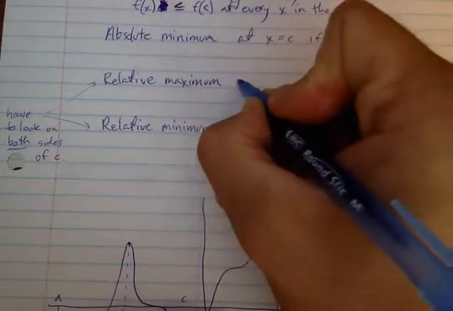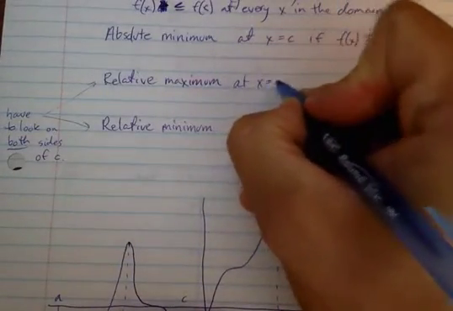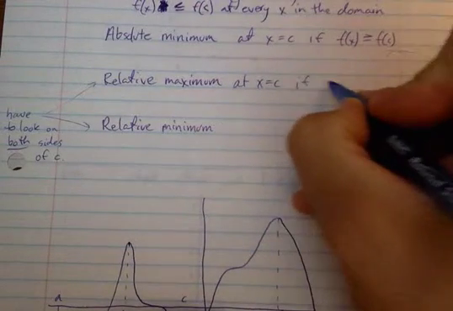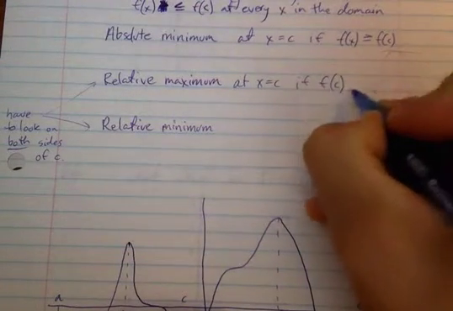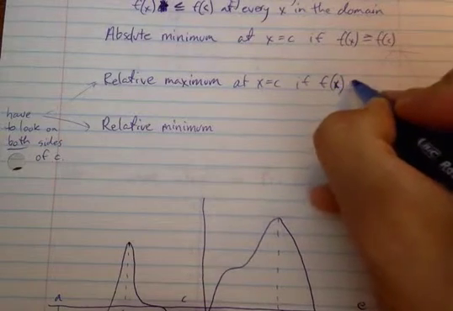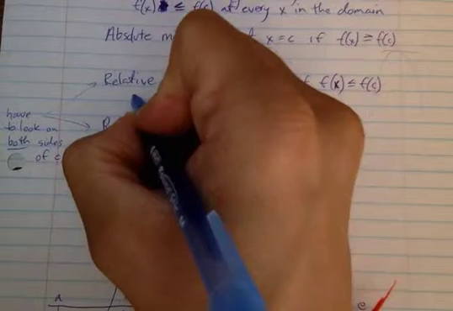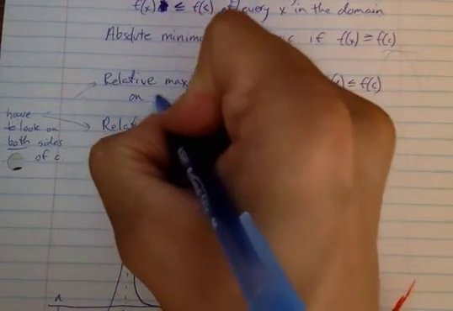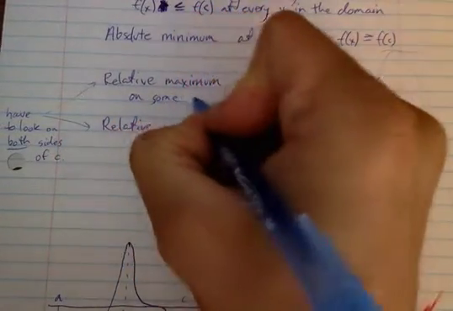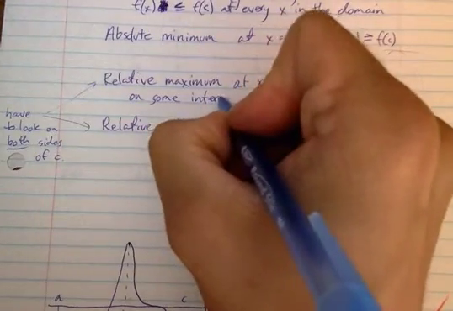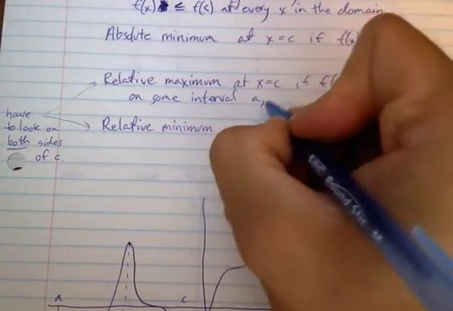So a relative maximum at x equals c occurs if f of x is less than or equal to f of c on some interval. Let's just call it a to b.